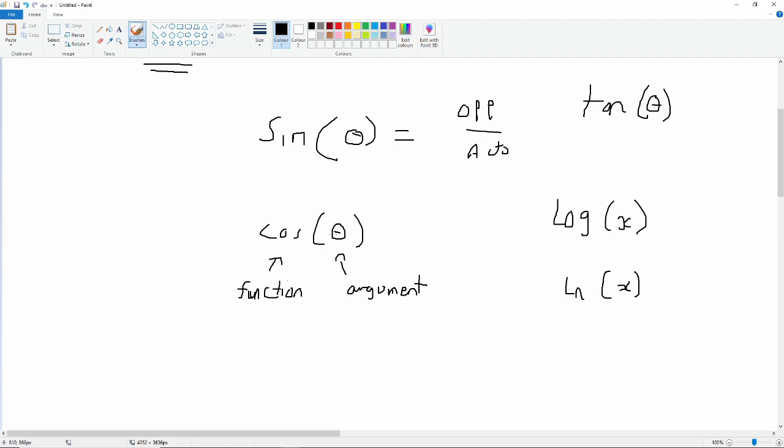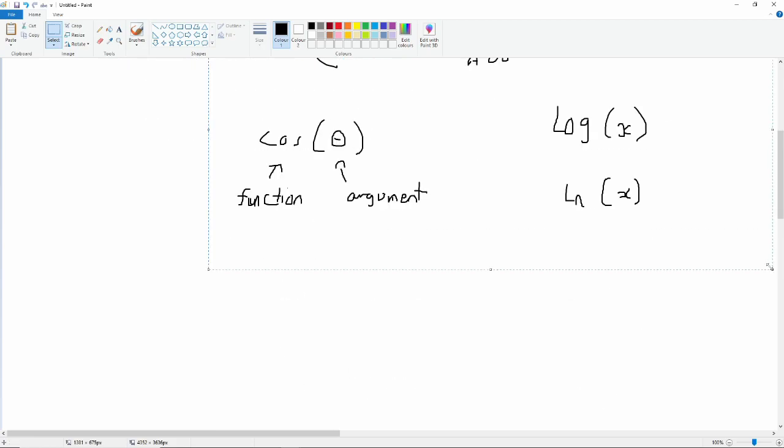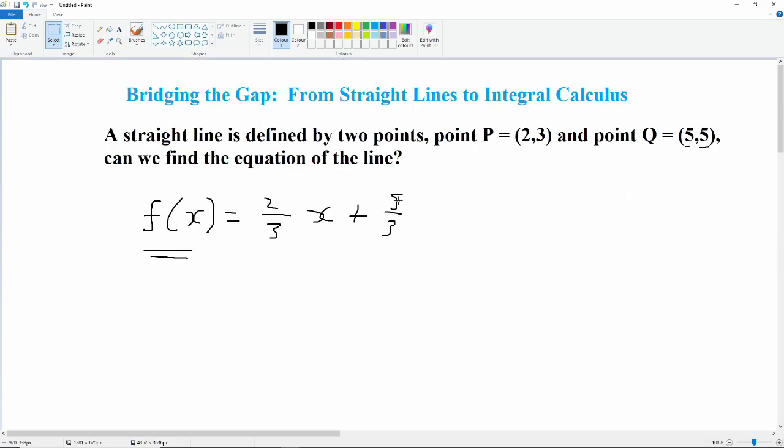It's the variable that is passed to the function so that the function can do something clever with the variable. And what does the function do with the variable? Well, it depends on what we've defined the function to be. In this case, if we pass the variable x to f of x, then it will take the x, multiply it by 2, divide it by 3, and then add 5 over 3 to the result.